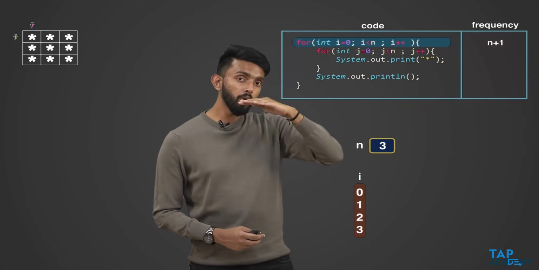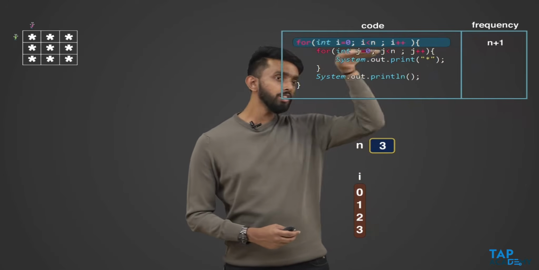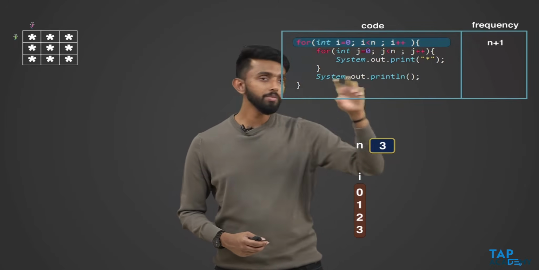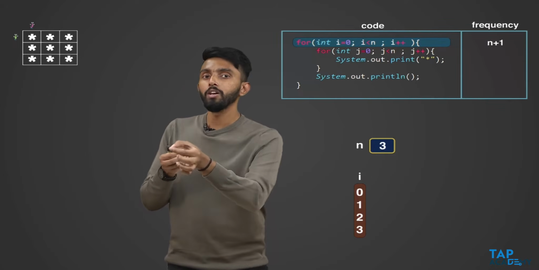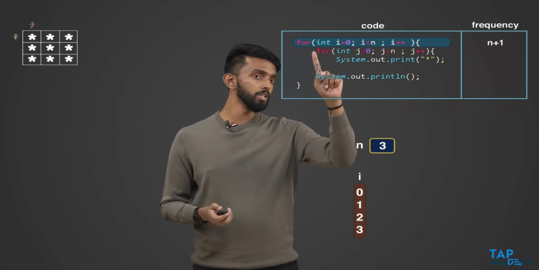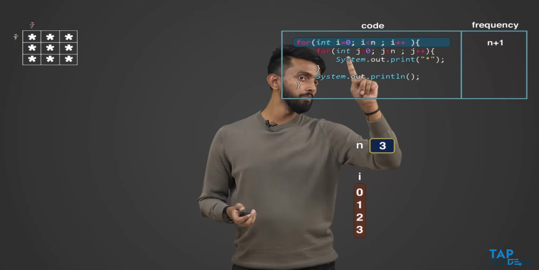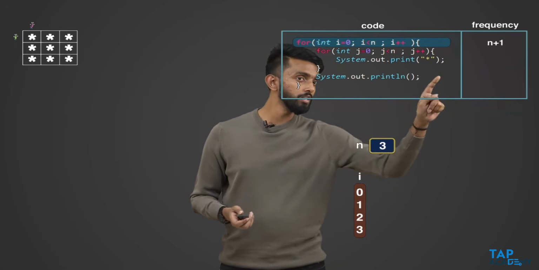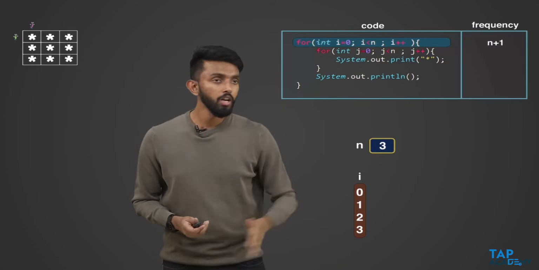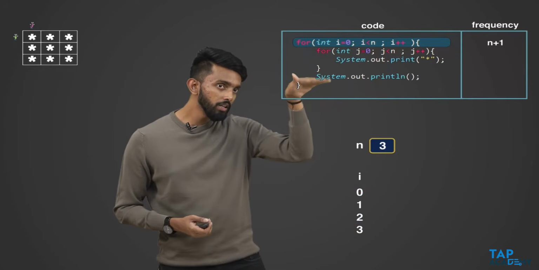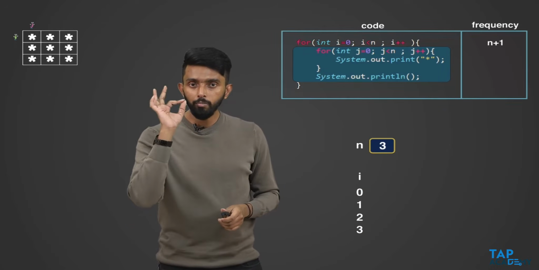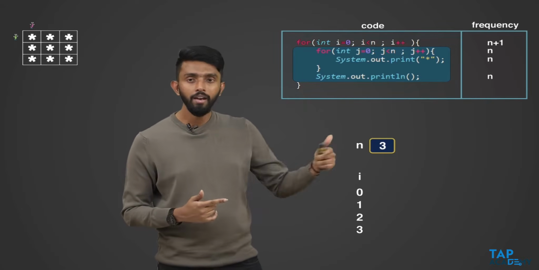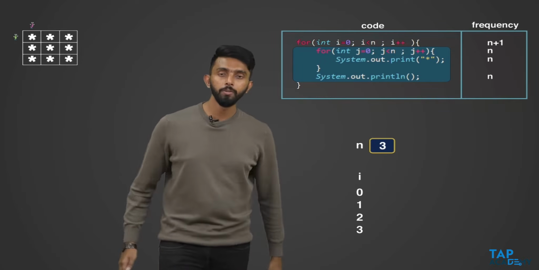If the for statement will execute n plus 1 times, everything inside it will execute 1 time lesser, or n times, which means this statement n times, this statement n times, this statement n times. That is guaranteed. So just put that. All these statements will execute n times each. So n, n and n. You put it and forget about it.